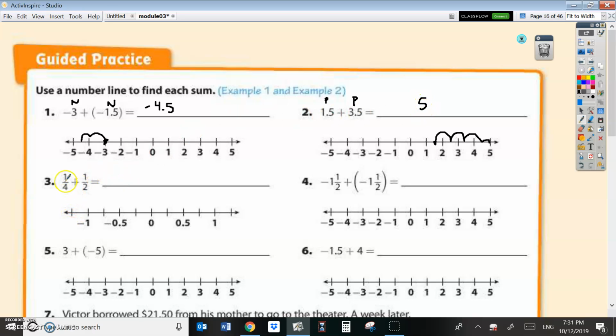Number line here, positive 1/4 is going to be here. So these are both positive. Then I'm going to go up 1/2, so I'll go here to 0.75 or to 3/4.